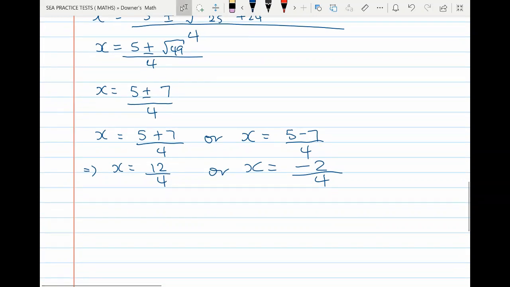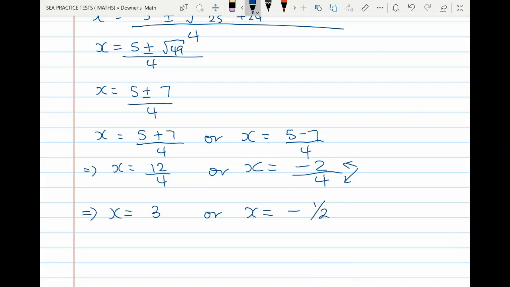It means that X can be 12 divided by 4, which is 3, or X can be, what is minus 2 divided by 4? It's going to be negative 1 over 2, which is negative a half.